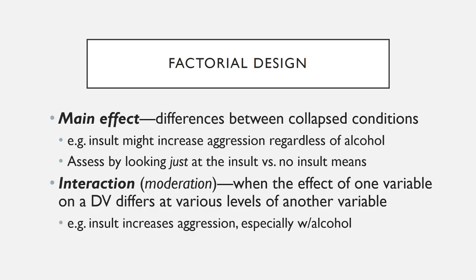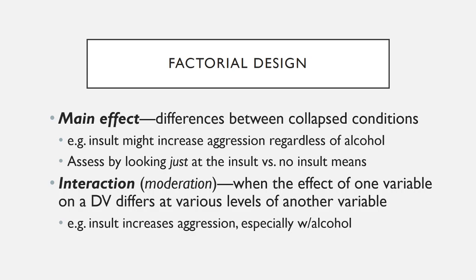So the main effect is going to be distinct from the interaction, which in this case is a moderation, right? When the effect of one variable on the DV is dependent on, or is changed by, levels of a subsequent independent variable, right? So there might be a main effect of insult whereby insult by itself increases aggression, but what if bringing alcohol into the mix exacerbates that relationship?